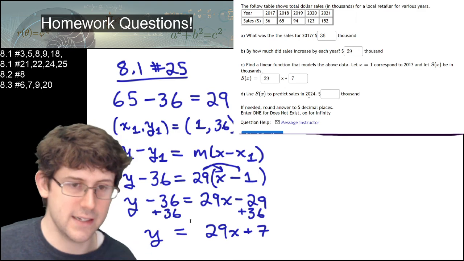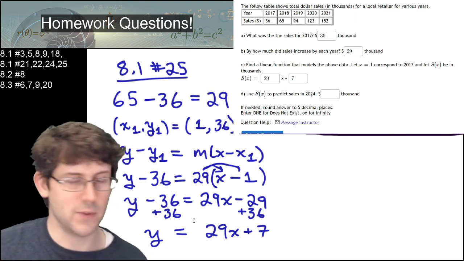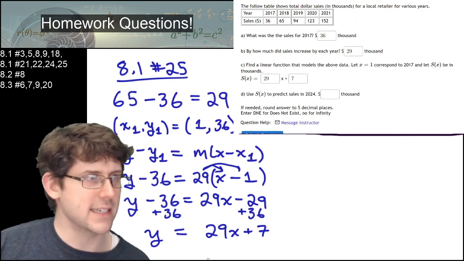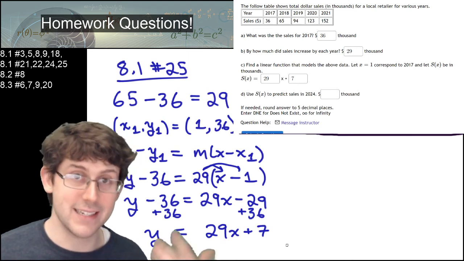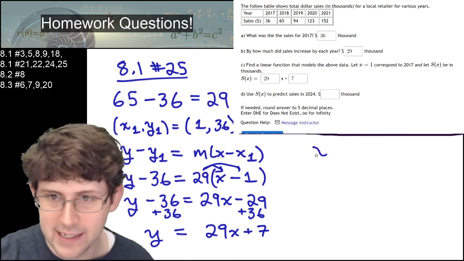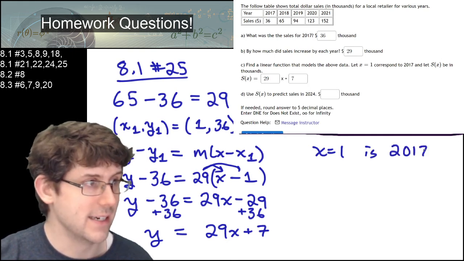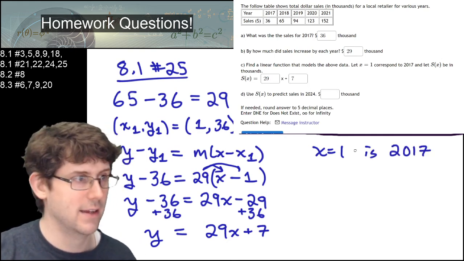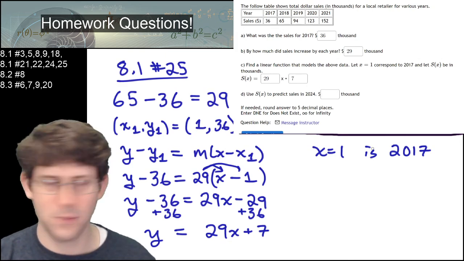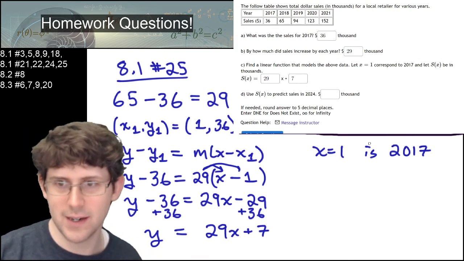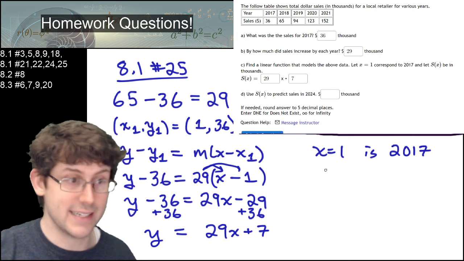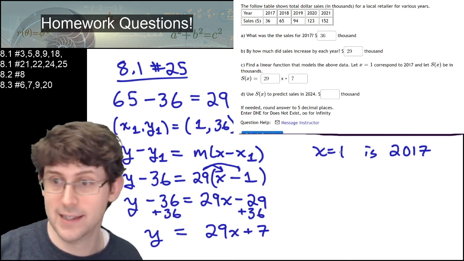Last thing is find the sales in 2024. Now, this is a little bit tricky because x is not the year. X equals 1 is the year 2017, according to part C. So we need to plug in 2024, but I need to know what x is so that I can actually plug x in.